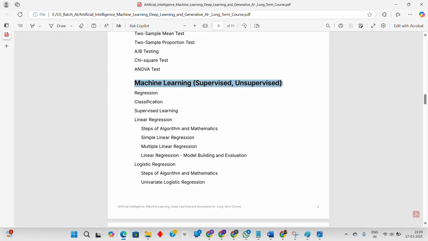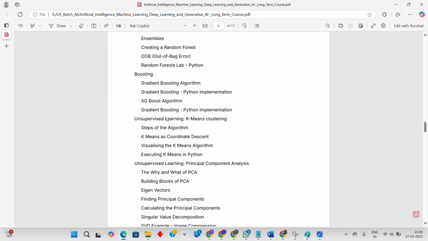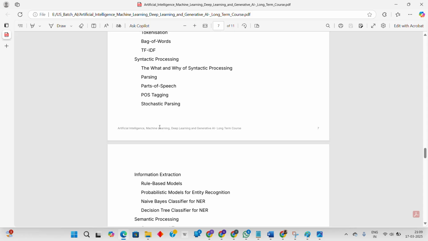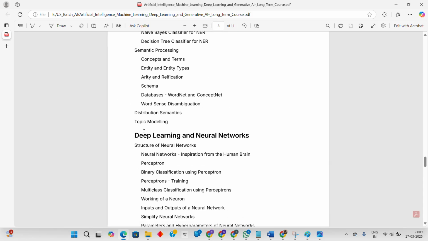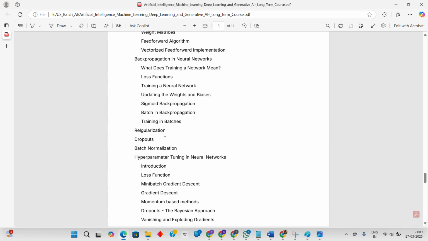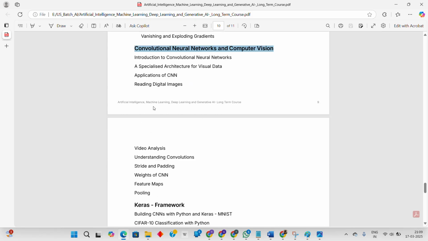Now the next topic is machine learning, supervised and unsupervised. There are a lot of topics in supervised and unsupervised, then NLP. But I will explain deep learning first, then CNN, and then NLP has to come afterwards.